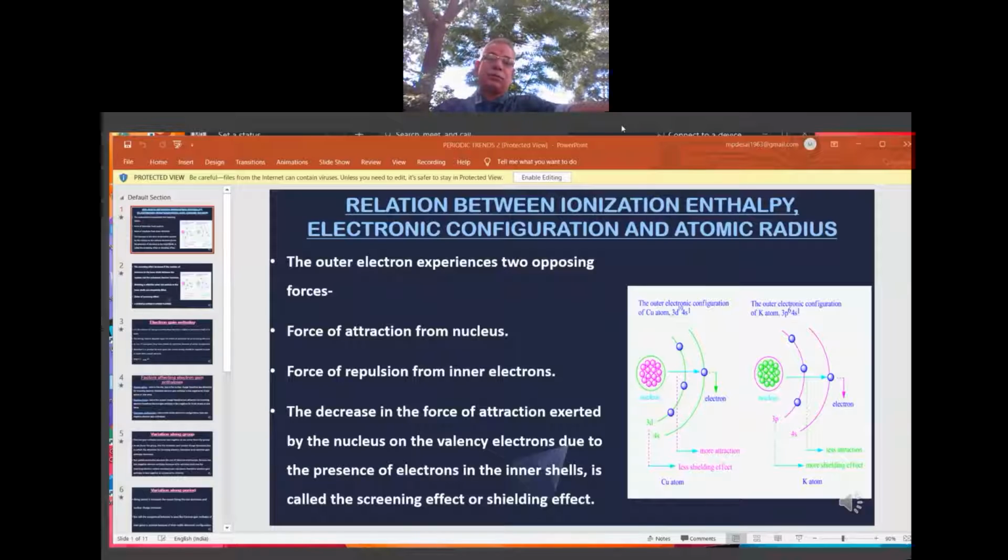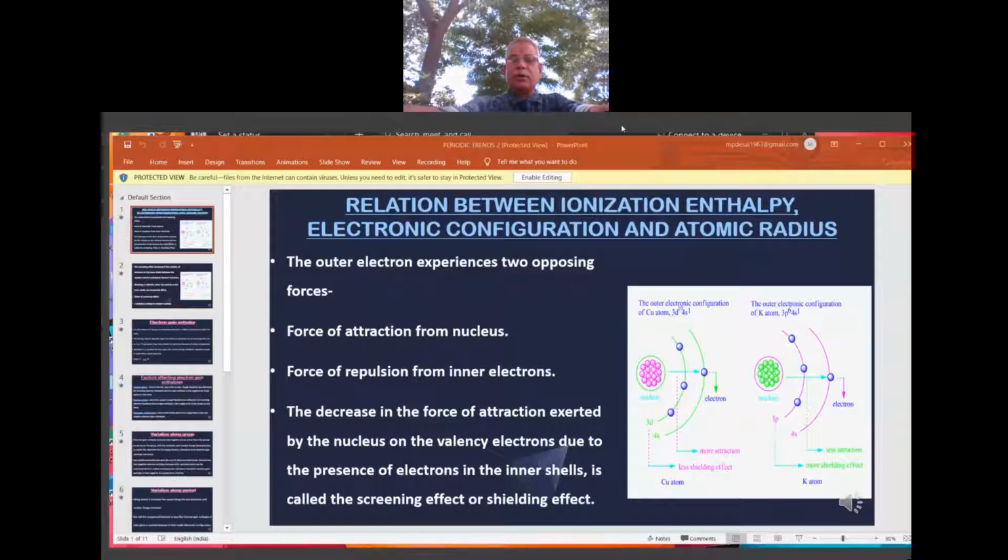These two in turn have relation with the ionization enthalpy. The more the number of shells, or the more the atomic radius, the less is the IE. So this was the relation we checked yesterday.